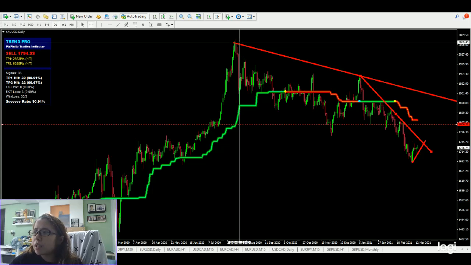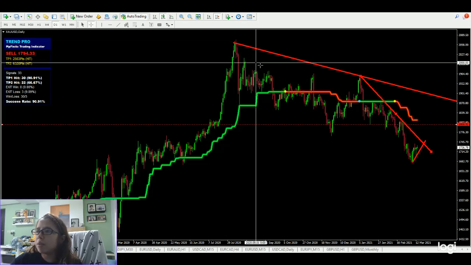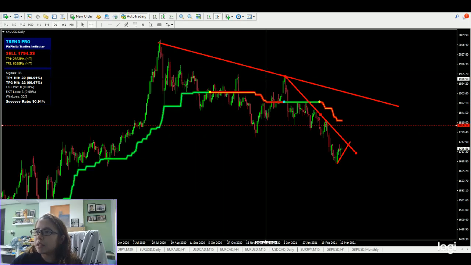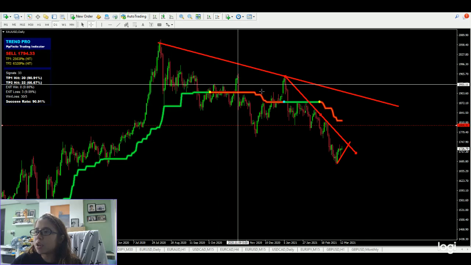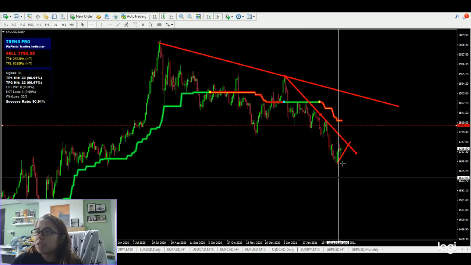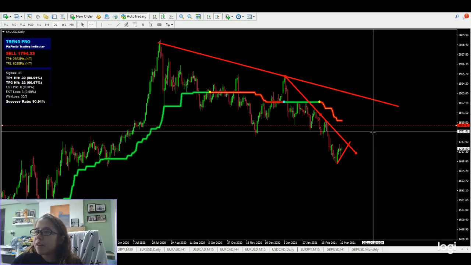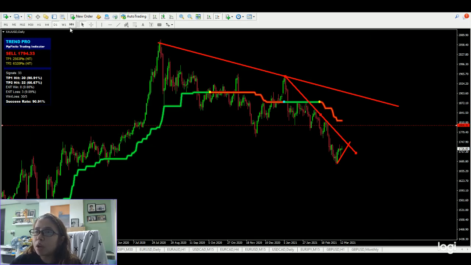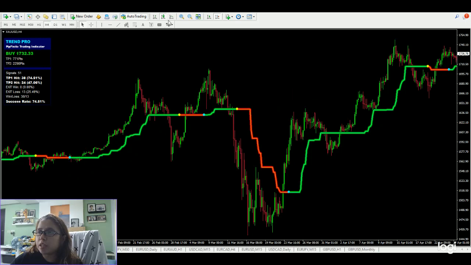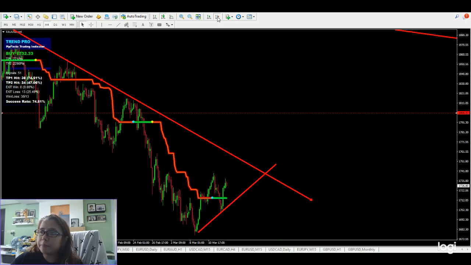But when it reached 2000 level, the market reacted because it is a round number. So we can see that the market is currently retracing, and we will find out what would be the current trading opportunities that we could potentially take.